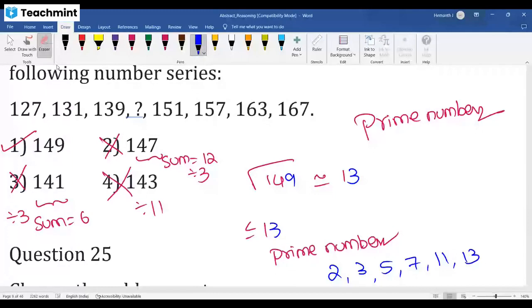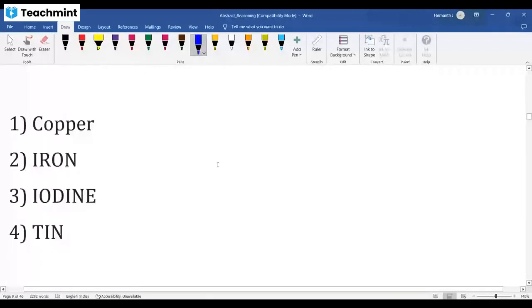It's not divisible by 5. It's not divisible by 7. 21 times is 147, not divisible. 11, 13 times 143, no. 13, 11 times 143, no. So this is not divisible by any of these. So it's a prime number. This is a prime number sequence. Direct prime number sequence. Now see, this is already done.